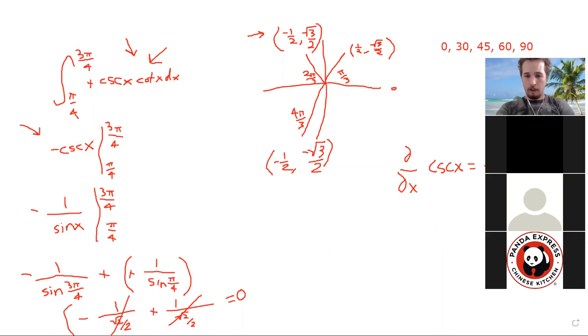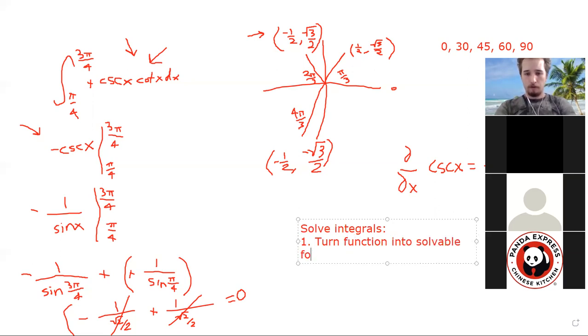I mean, to solve integrals, that specific problem, okay, solving integrals, right? You first need to turn the function into solvable form, or, you know, simplify maybe.